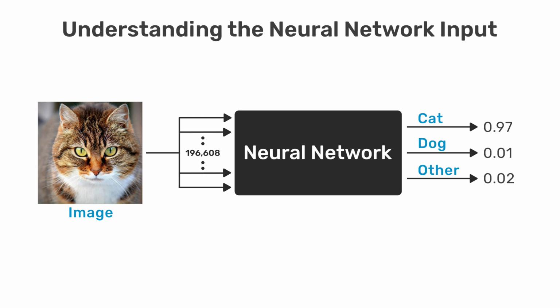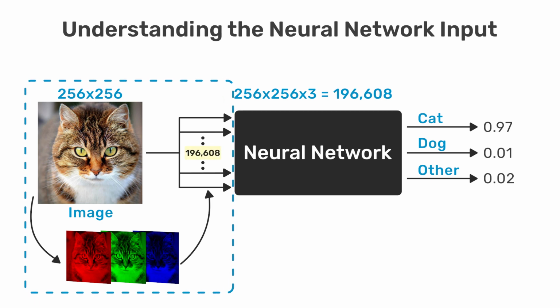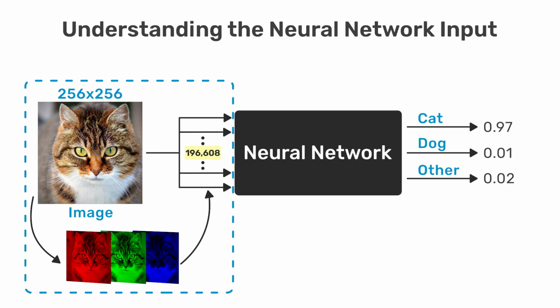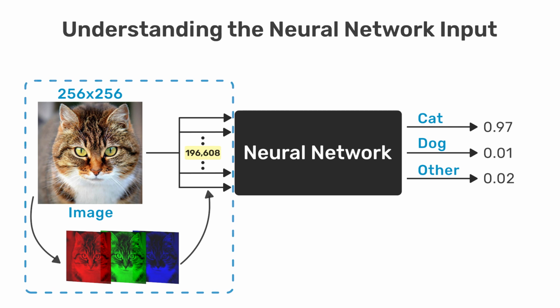Color images are very similar, except they have three components for each pixel representing the color intensity for red, green, and blue respectively. So in this case, a 256 by 256 color image is represented by 196,608 numbers. Here we're showing that the neural network expects an input that has a total of nearly 200,000 numbers, but we haven't yet specified a shape for that data.